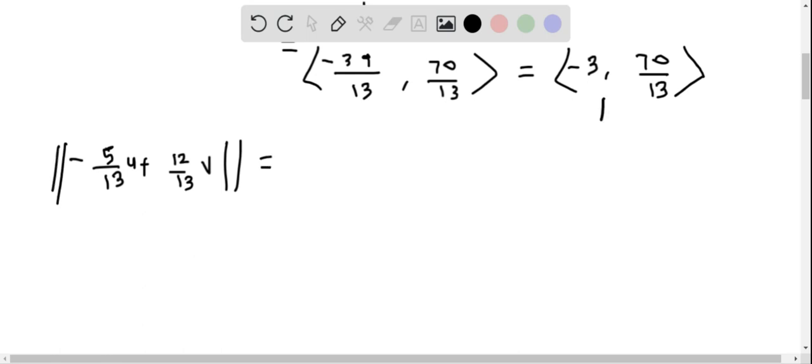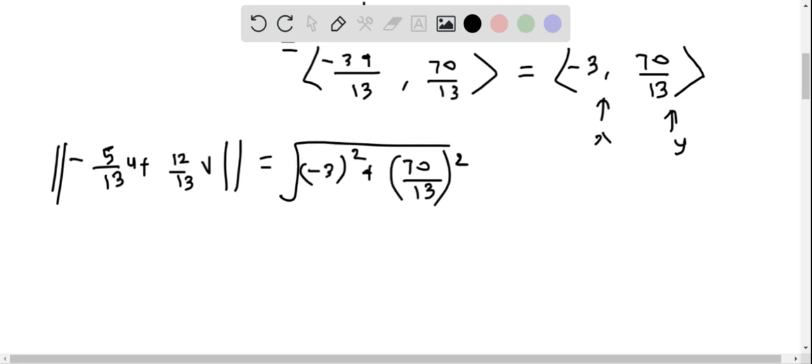So here I have to consider this negative 3 as x and 70 by 13 as y, which means if I use the formula, I have to use minus 3 squared plus 70 by 13 quantity squared, and this is under the square root. So minus 3 squared is 9 plus 70 by 13 squared.